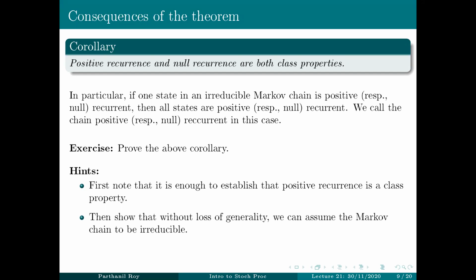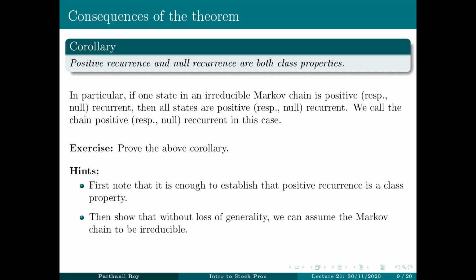Convince yourself. It has to do with the fact that all the recurrent classes are closed. But still, convince yourself that it's enough to prove this result when the Markov chain is irreducible, because if not, we'll just restrict to each of the recurrent classes and take care of it.